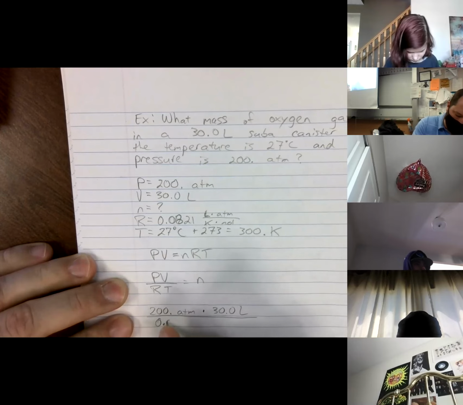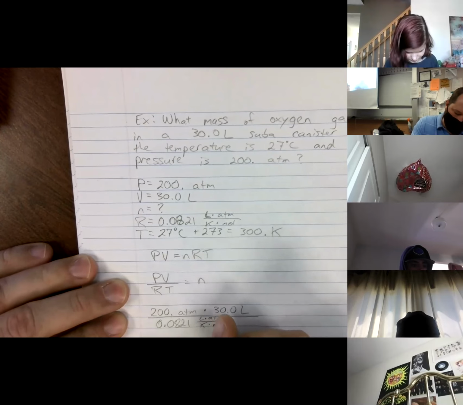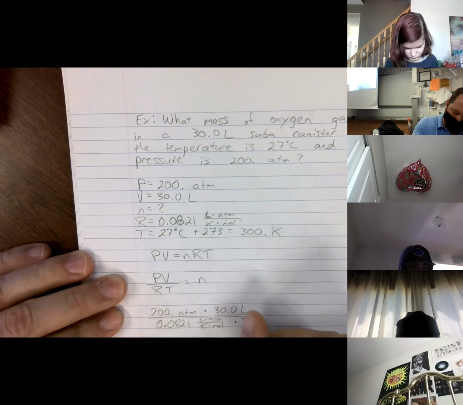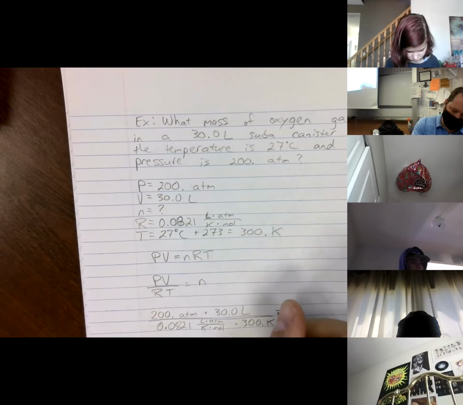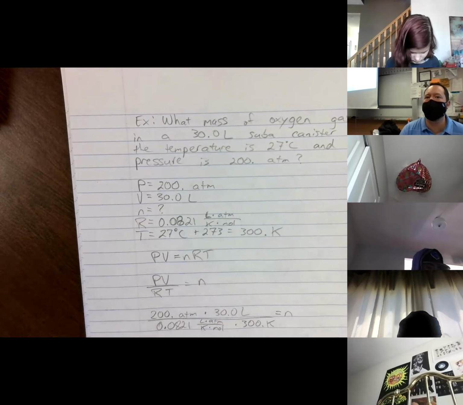R, 0.0821 liters times atmospheres divided by Kelvin times moles. And our temperature, 300 Kelvin. All that will give us our number of moles of O2.